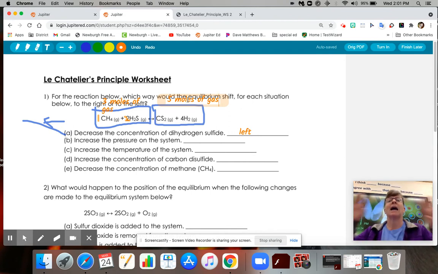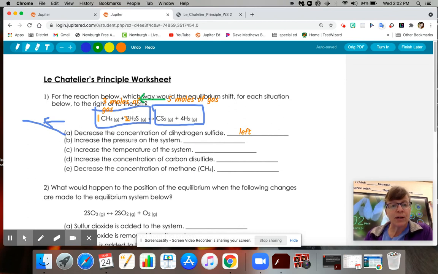Again, we talk about sides. Increasing the pressure, you want less moles. You want the equilibrium to go back. So by increasing the pressure, you increase collisions. What's going to undo that? Less stuff. So it's going to shift to the left, from more to less.